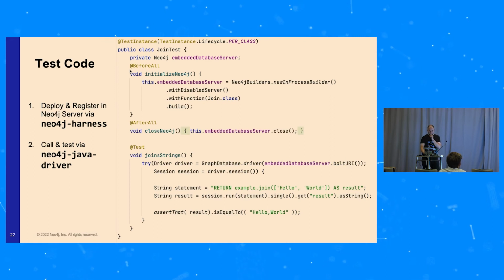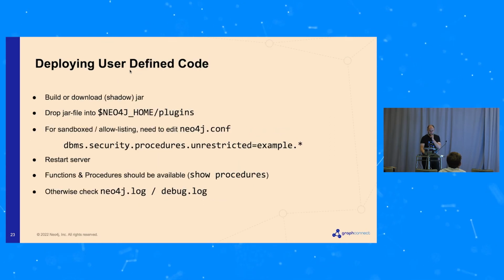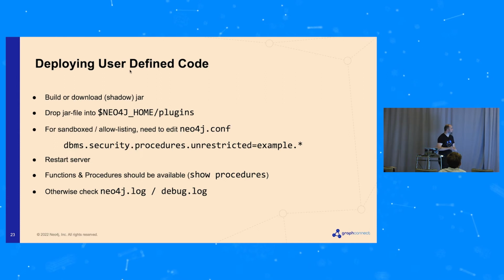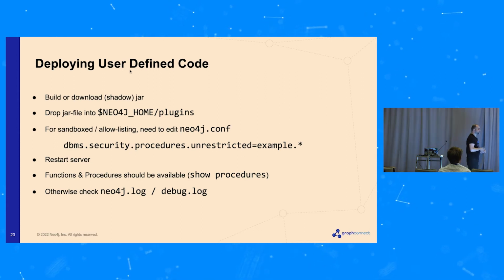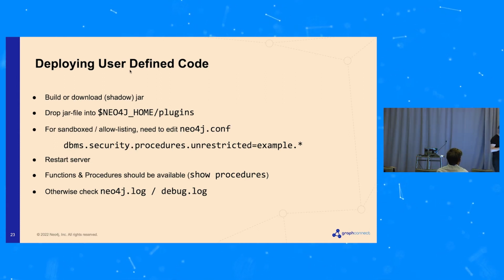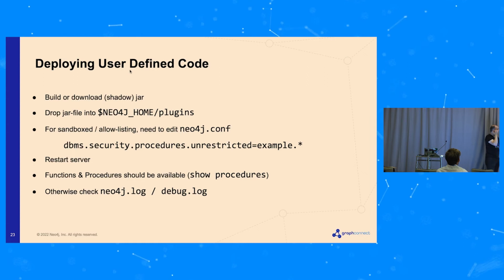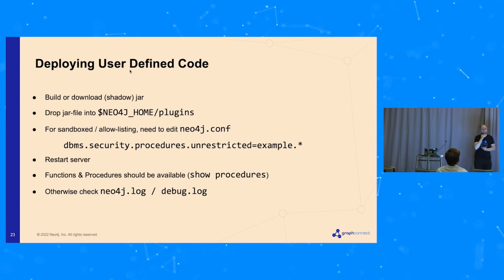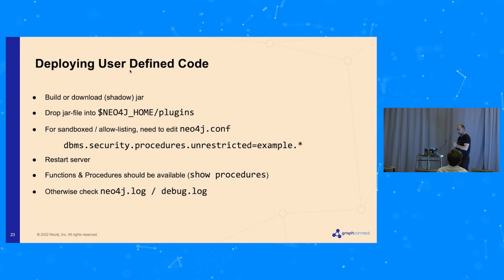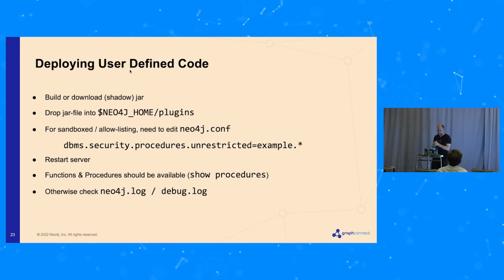So we looked at the test code and the deployment. One thing is, if you have procedure libraries that use internal APIs like APOC and Graph Data Science, then you have to enable them in the Neo4j config and add them to the unrestricted security line, because otherwise they would not be loaded and executed in Neo4j for safety reasons.